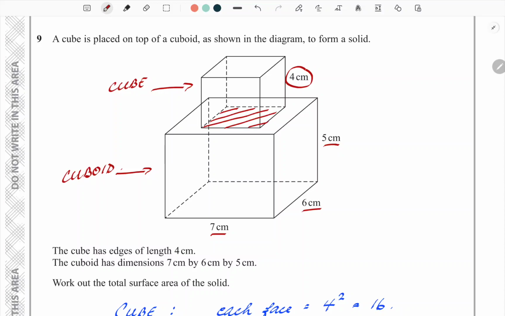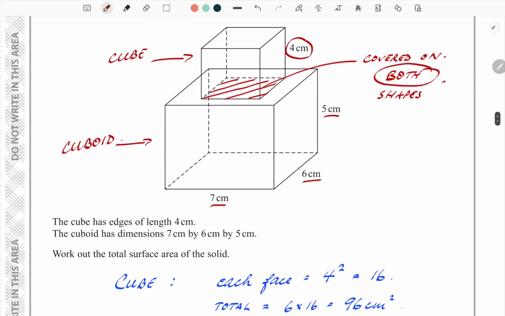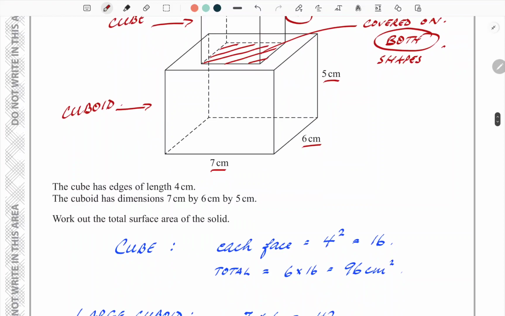It's covered on both shapes, okay? And that's absolutely critical. I'll come back to that in just a moment. So the area of the cube, to begin with, each face is simply 4 squared.